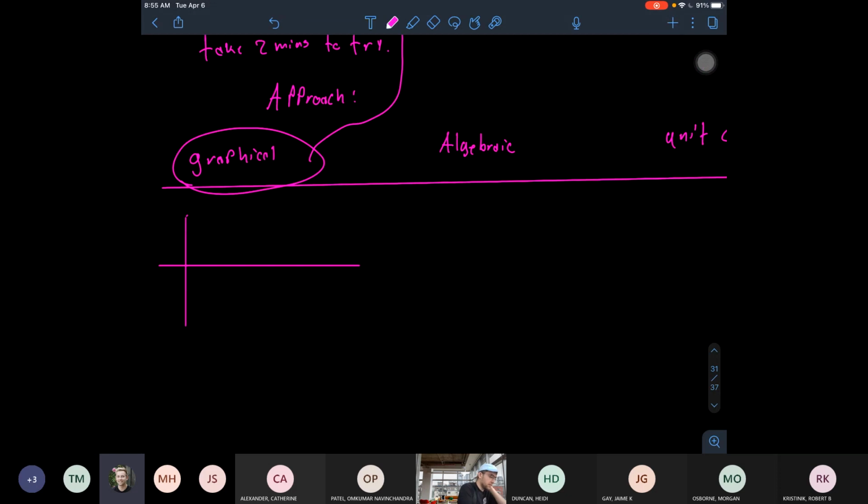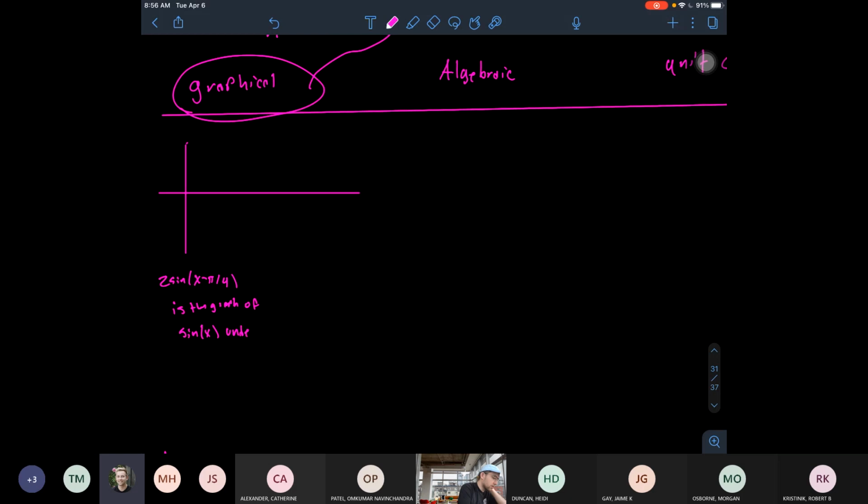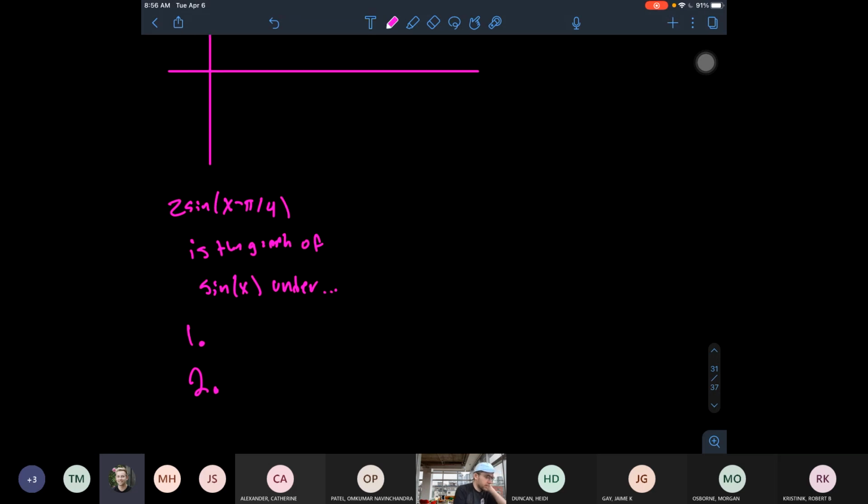This is the graph of sine of x under what transformations? We've got 2 transformations. Can someone tell me what they are for 2 sine of x minus pi over 4?